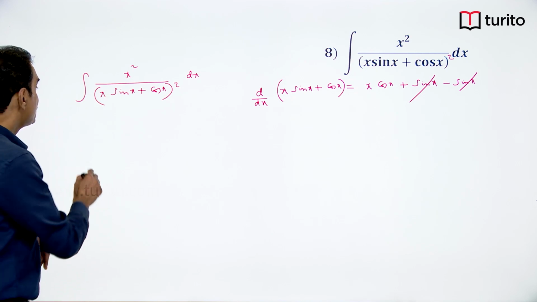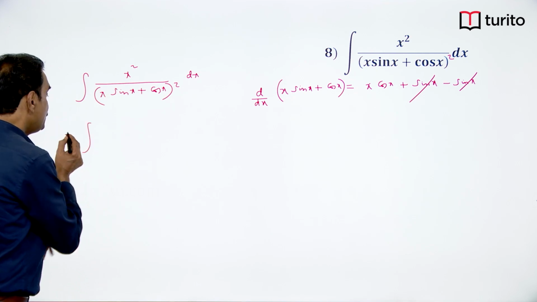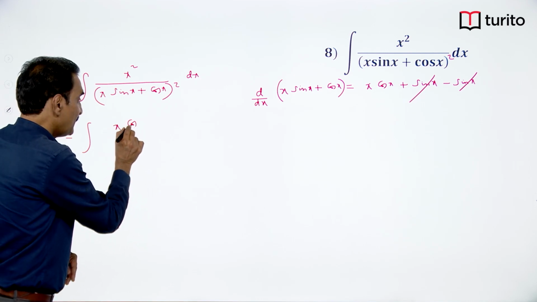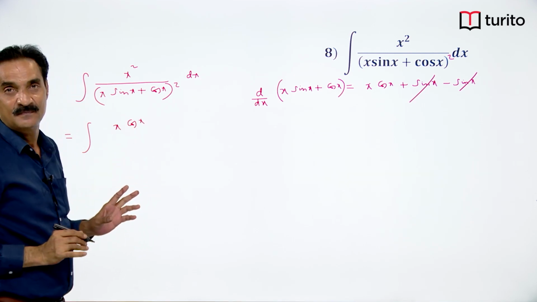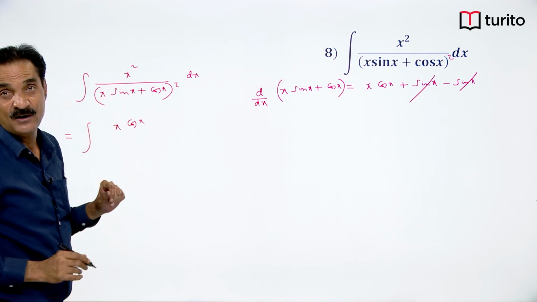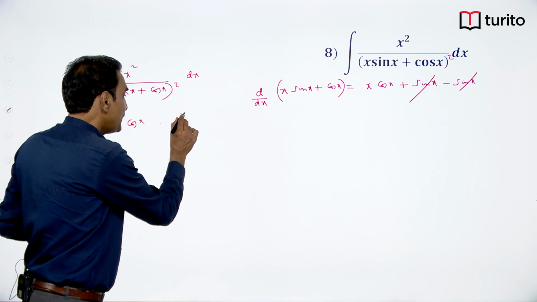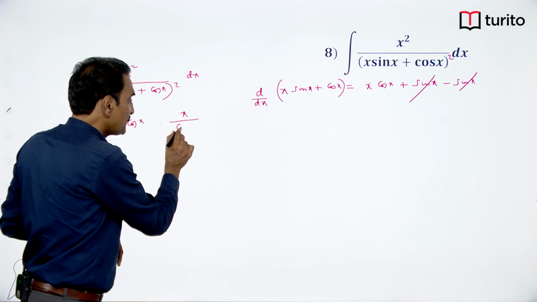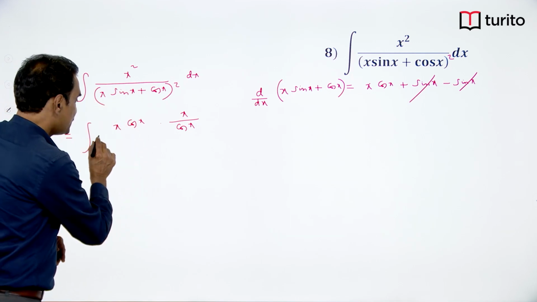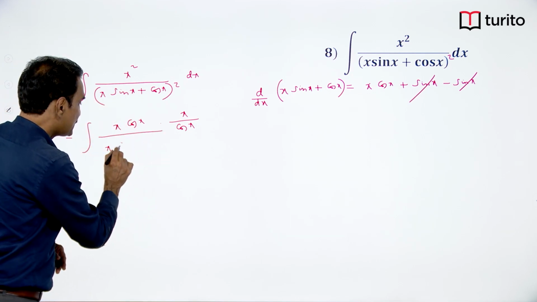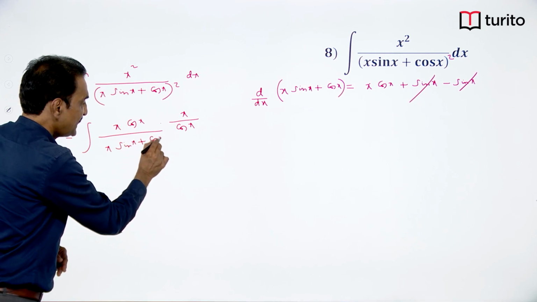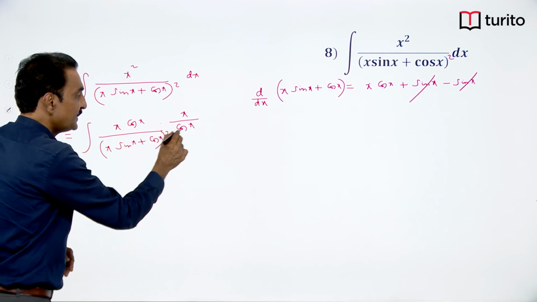So what to do is, you write the numerator as x cos x, but what is the remaining, another x is there and we have multiplied by cos x. So we should write into x by cos x. Denominator is x sin x plus cos x whole square dx.